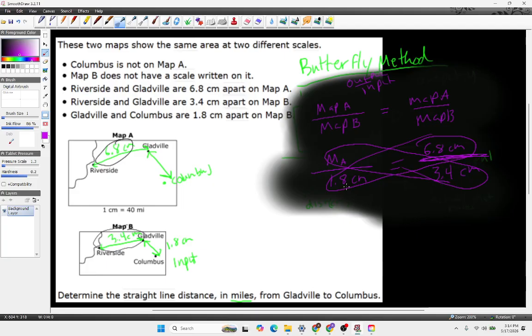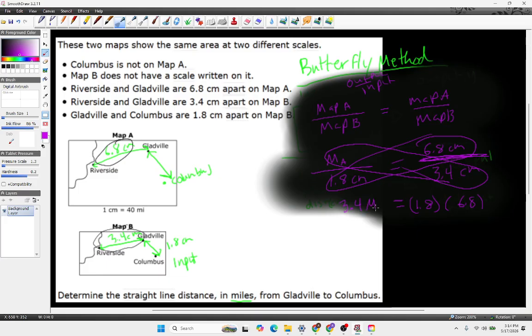And we have 1.8 times 6.8 equals m little a, or m sub a as it's called, times 3.4. Okay, equal sign, this times this equals this times this.